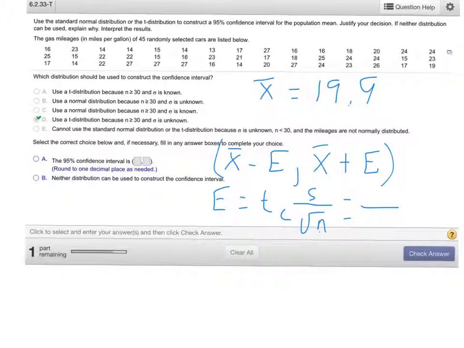N's real easy. N is 45, and then s here is the sample standard deviation.